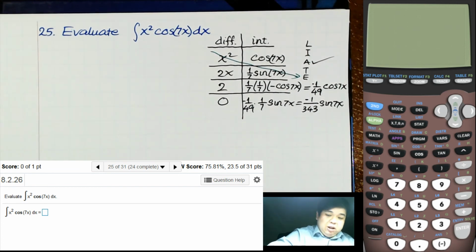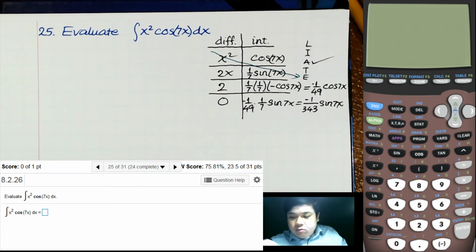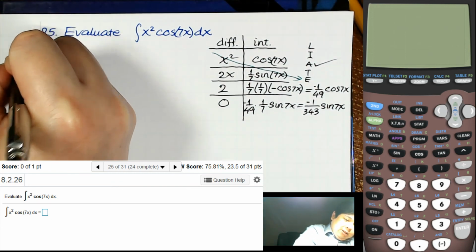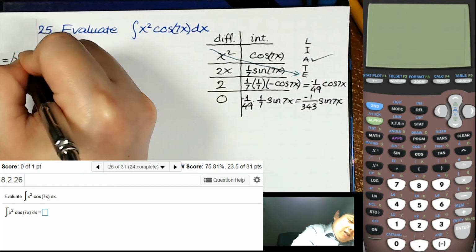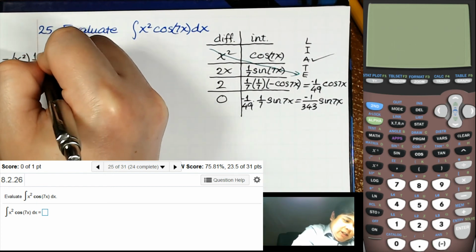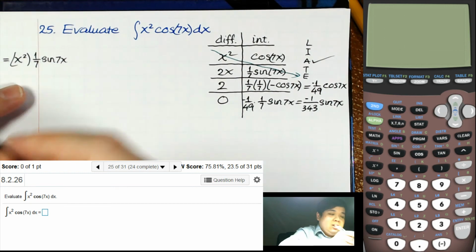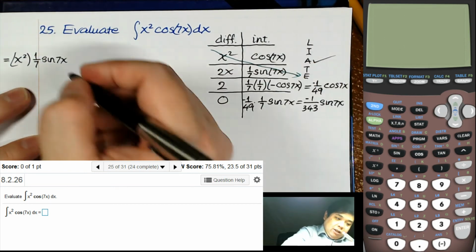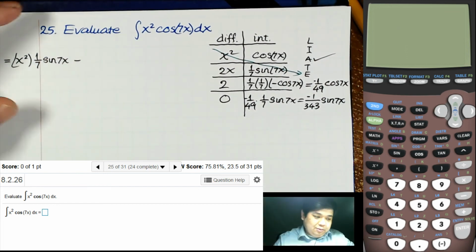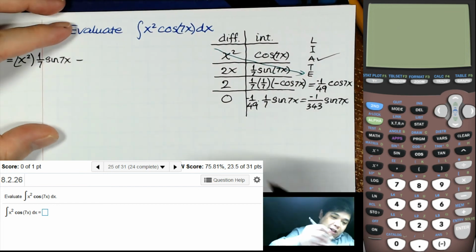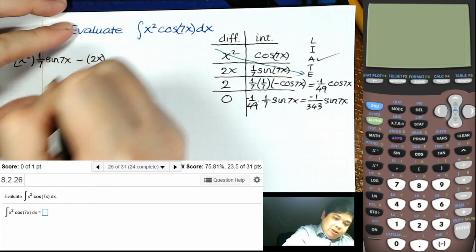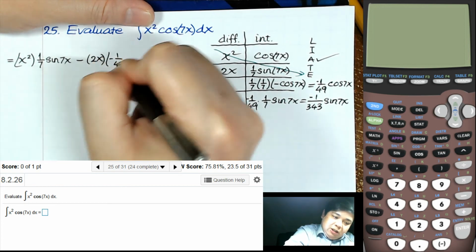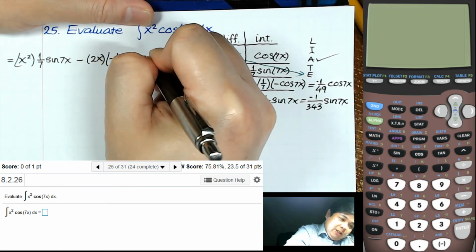Let's see, do we have to simplify this problem? x squared times 1 over 7 sine of 7x, and then subtract 2x times negative 1 over 49 cosine of 7x. And then plus 2 times negative 1 over 343 sine of 7x.